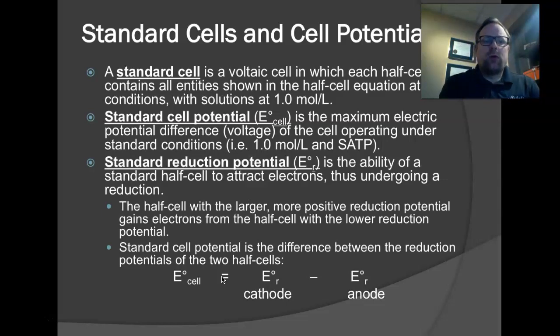So we're going to work our way through this relatively painlessly, I hope, and continue to play around with what we know about cell potentials and get a better understanding of voltaic cells and what we can learn from this.